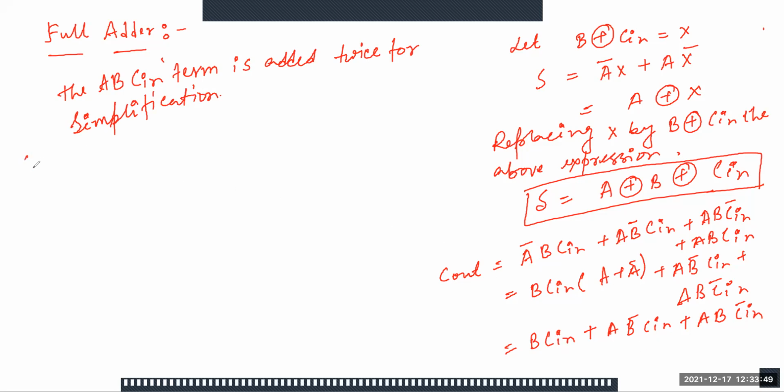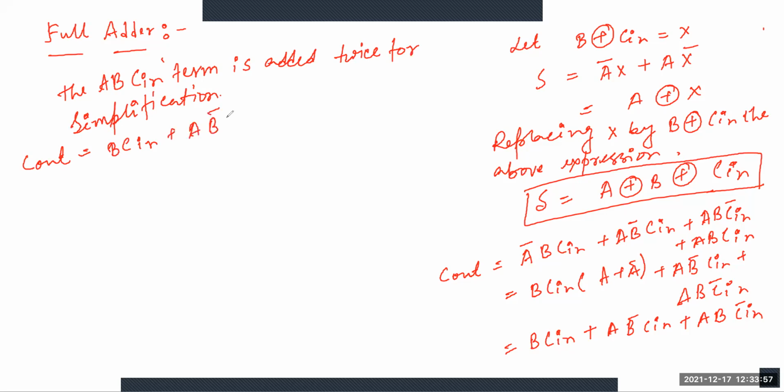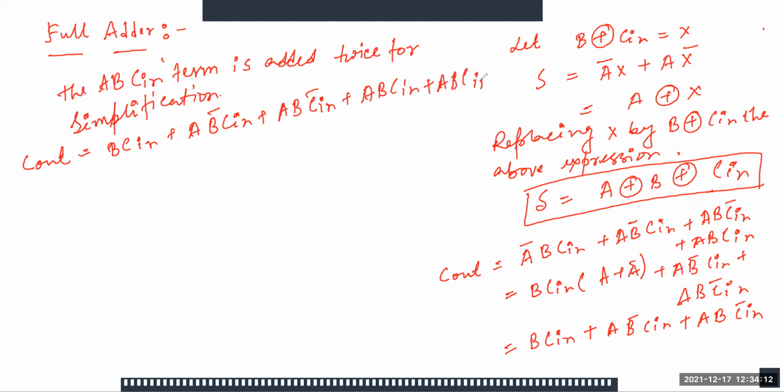Okay, so for this case, the C out equals BC in plus AB bar C in plus ABC bar in plus ABC in plus ABC in.